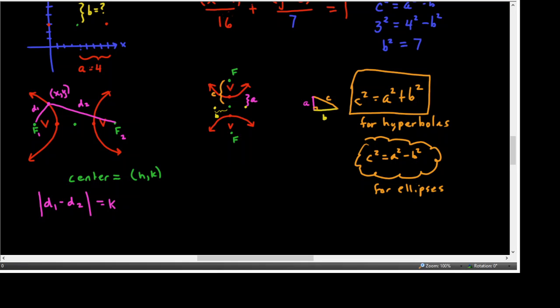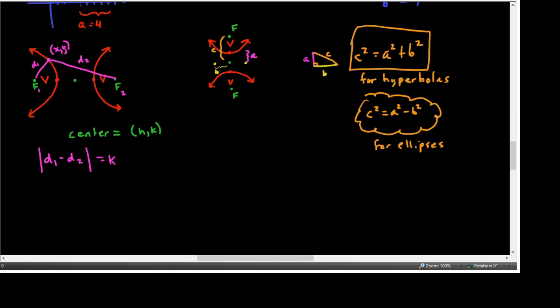All right, so as it turns out, if we were to derive the equation using the fact that the difference of these distances is a constant as the basis for it, you would get two equations. And I'm not going to have a single catch-all because it really makes a difference how you orient them.